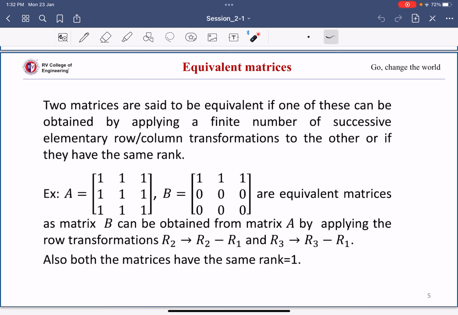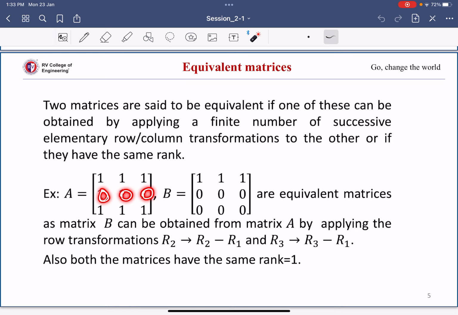These 2 matrices are equivalent since I can obtain the matrix B from matrix A by applying the row transformations R2 minus R1 and R3 minus R1. So this is our second row, this is our third row in the matrix A. When I subtract the first row from the second row, all the elements become 0.